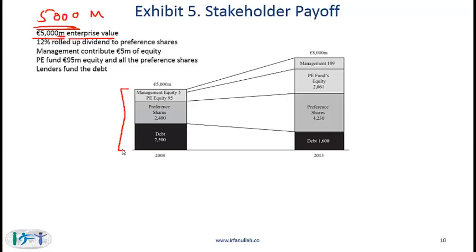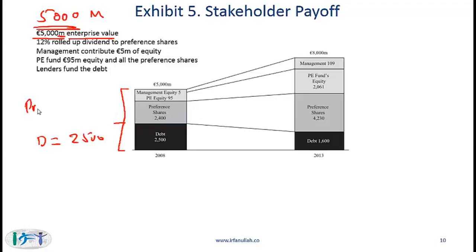So how do you come up with 5,000? We are going to use debt. So let's say that 50% of that 5,000 is borrowed money, which is 2,500. So this is the amount of debt. Then of the remaining 2,500, which is equity, we are going to say that preference shares, which are held by the private equity firm, is 2,400.